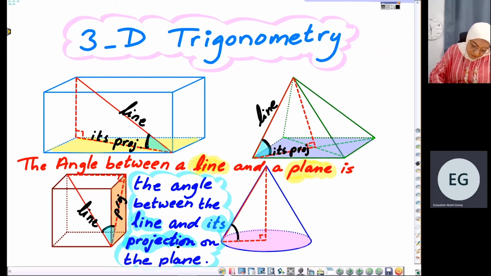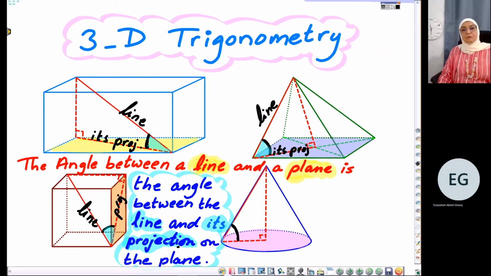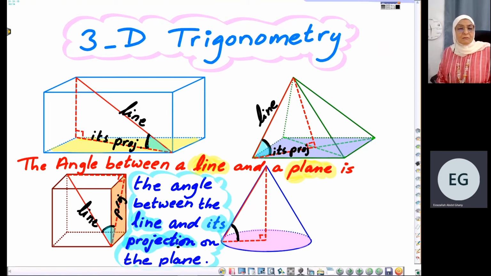How to find it? Using trigonometry. What is the normal method when we have a right angle? When there is a right angle, you are allowed to use SOHCAHTOA. Usually in this type of question, you have to search for the right angle, because you dropped the perpendicular, so there is a right angle.